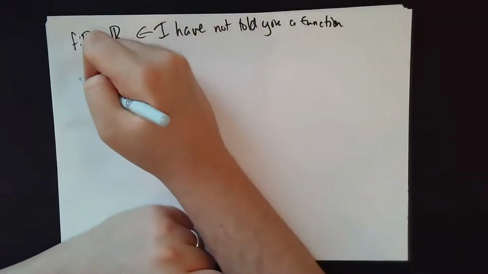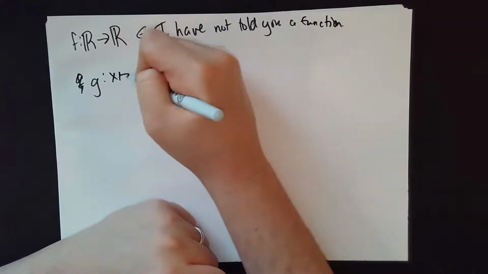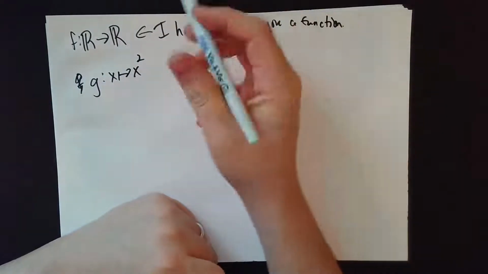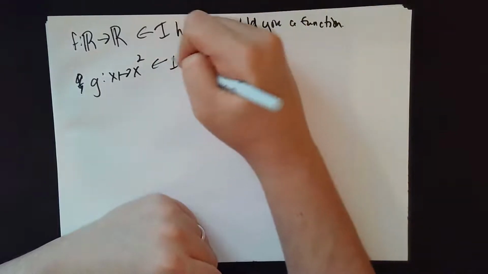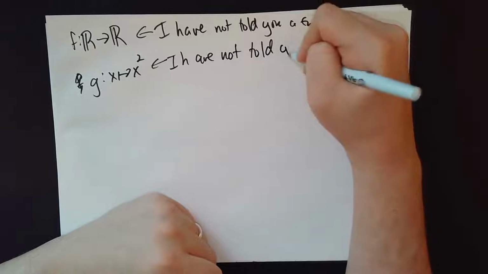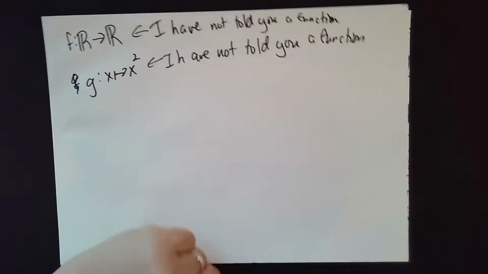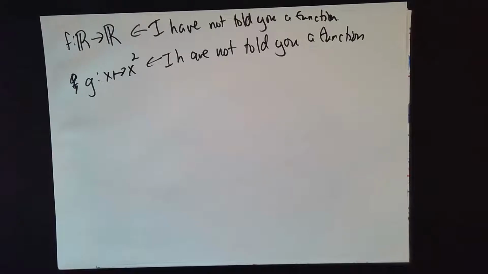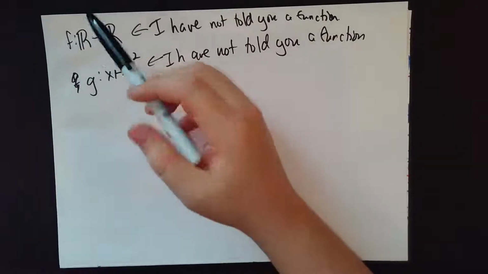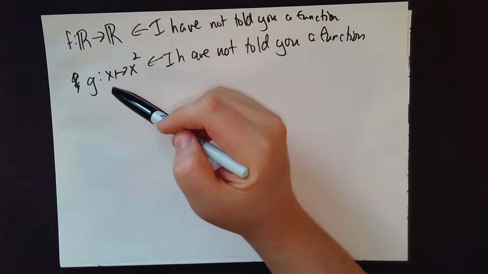And in the same way, if I wrote this, I've still not specified a function. In order to completely describe a function, I need to describe all of the domain, the codomain, and the map.